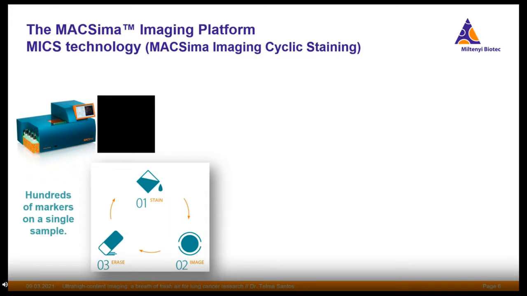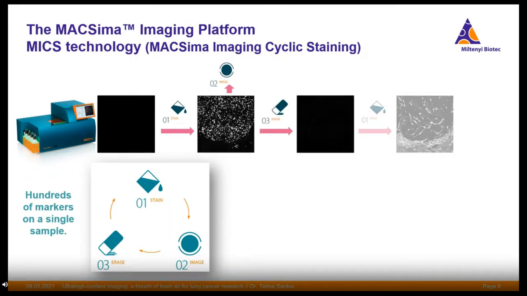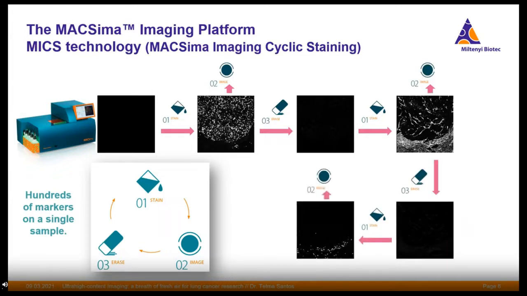It will basically take the sample and stain it with an antibody, image it, and erase the signal, and therefore can stain it with other antibodies, image it, and erase it, and repeat this cycle as often as you need to. And this way we can have hundreds of markers in a sample.